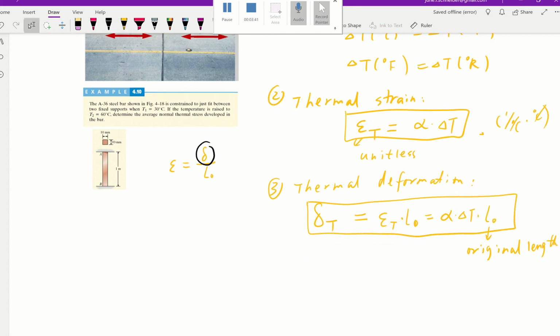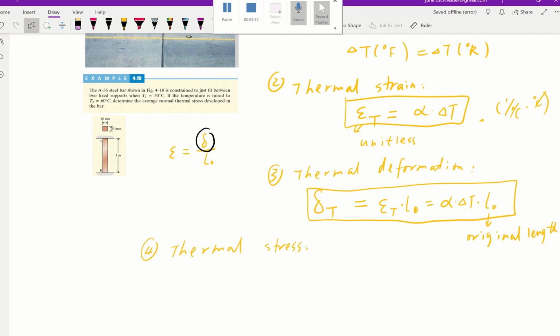The last concept I want to go over is called the thermal stress. All right, so in the elastic region of a material, we know they abide by Hooke's law, which means the stress sigma is going to be proportional to the strain, and the slope is this elastic modulus.